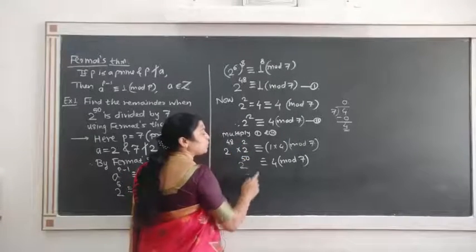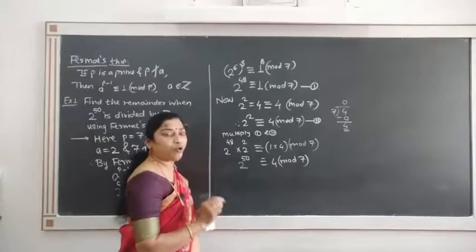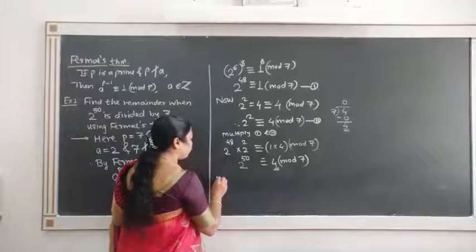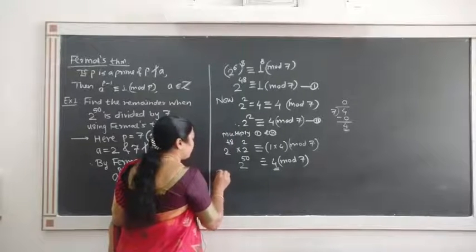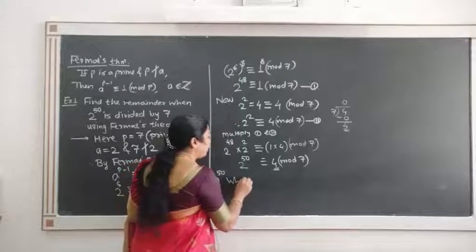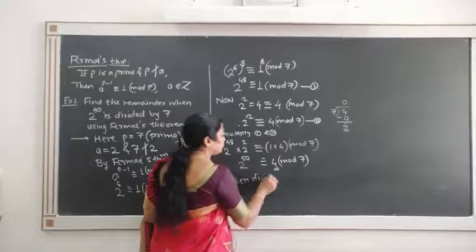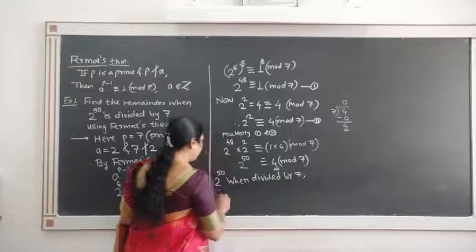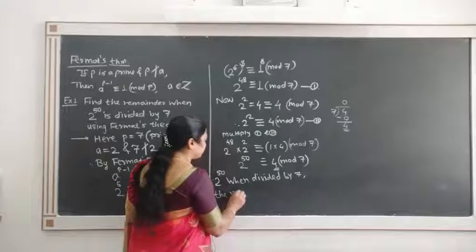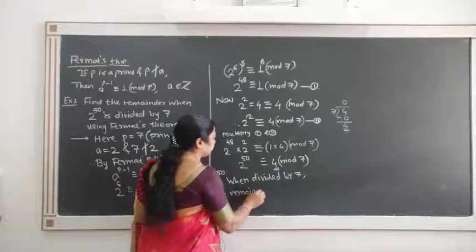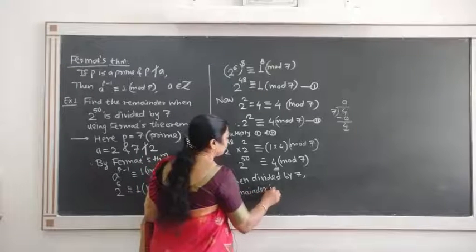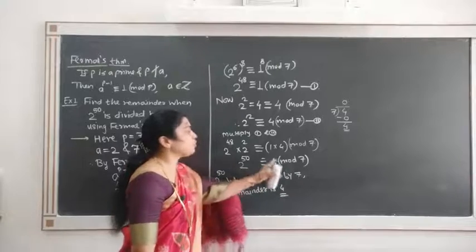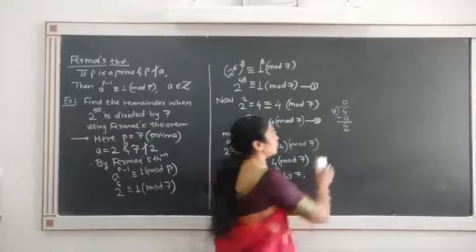So 2 raised to 50 is congruent to 4 modulo 7, which means the remainder is 4. Therefore, when 2 raised to 50 is divided by 7, the remainder is 4.